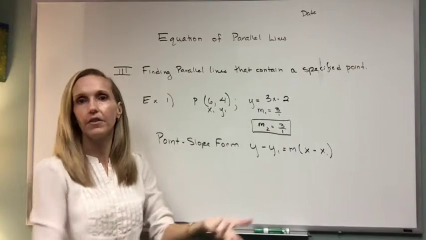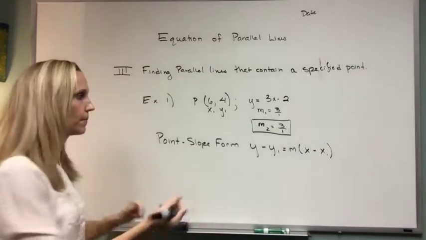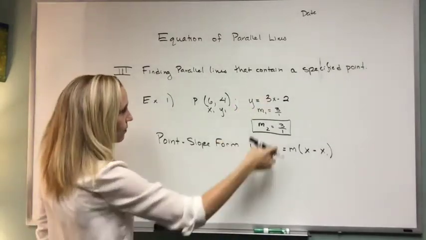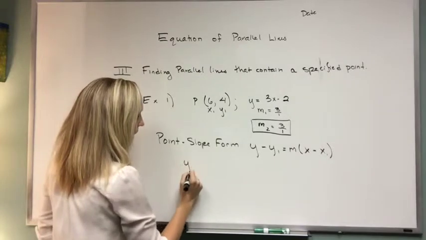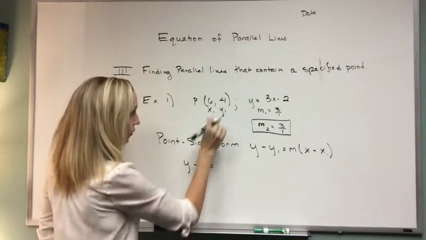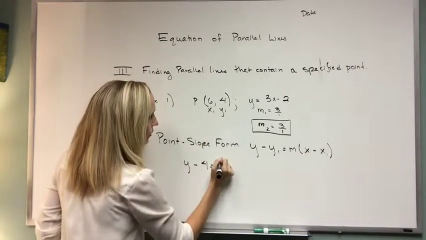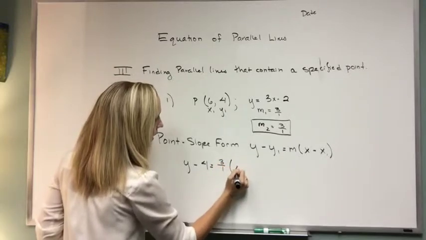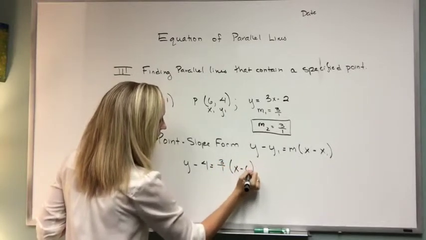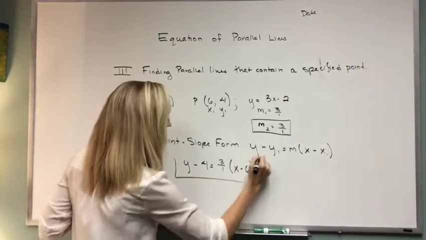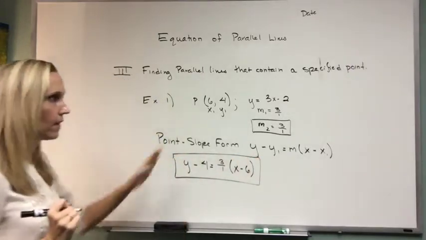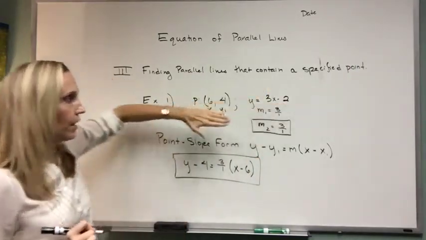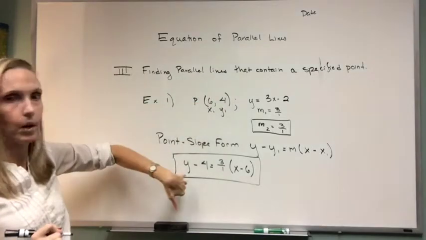So it's fairly obvious that that's going to be the best option. So I'm going to do y minus 4 equals 3 over 1 times x minus 6. So now I have found the equation of a line that is parallel to this line but contains (6, 4).